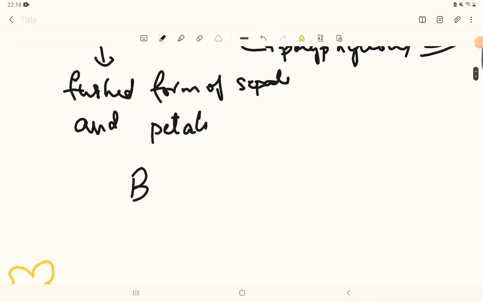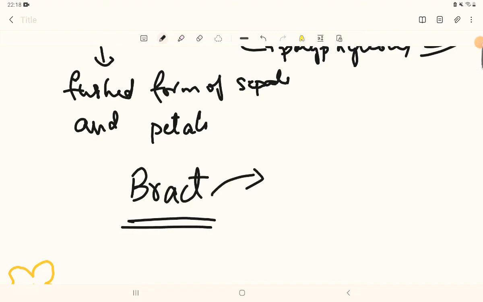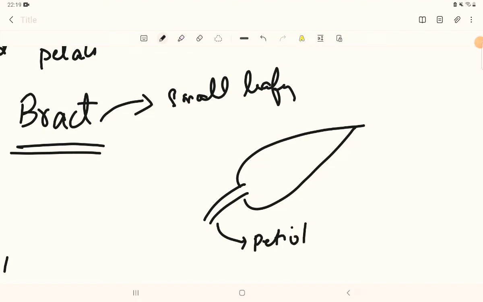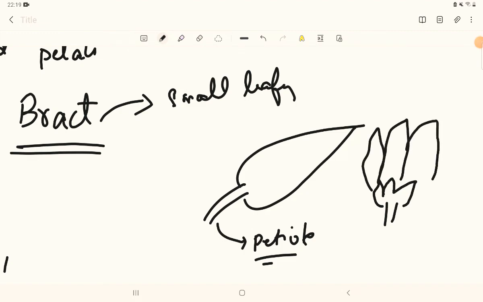The next term that we have to learn is bract. Bract is a small leafy structure at the base of the pedicel. What is pedicel, you know, right? This is the leaf, this is the petiole, and this is your pedicel. People often get confused between petiole and pedicel.